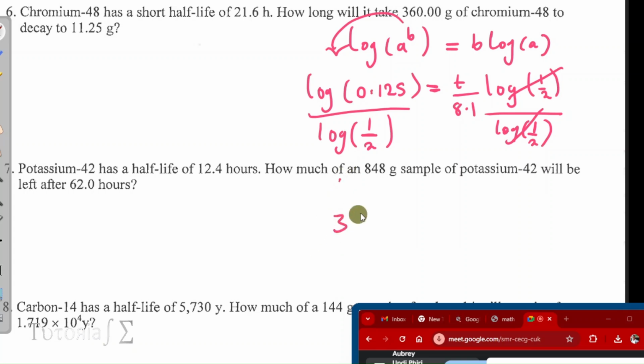There is no decimal, it's a whole number. So t over 8.1 equals 3. How do you make t subject there?